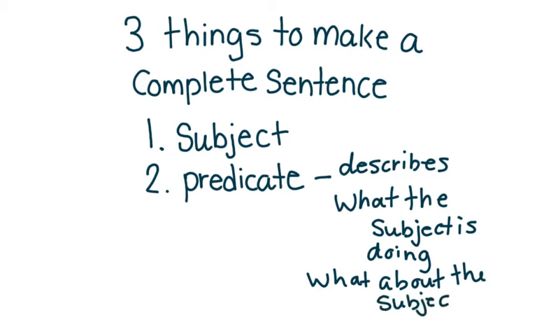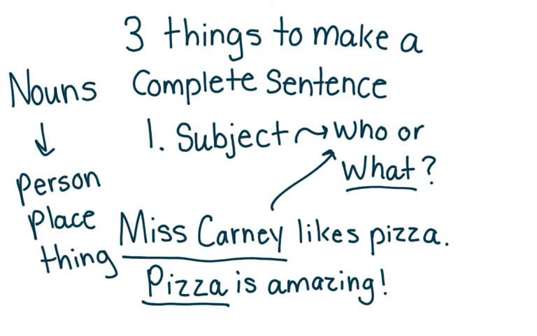For instance, when we go back here, the predicate of this sentence, Miss Carney likes pizza, is going to be likes. And the predicate of this sentence, pizza is amazing, is going to be is.